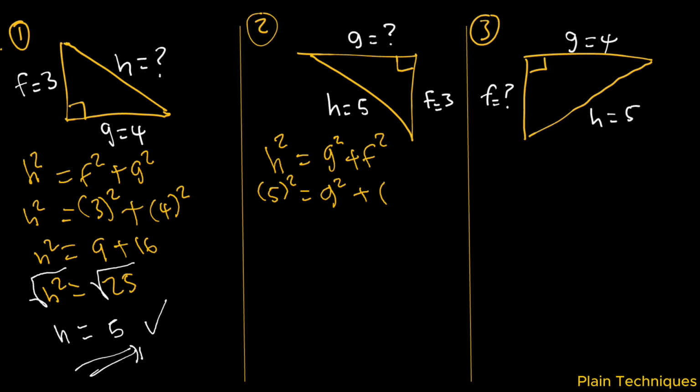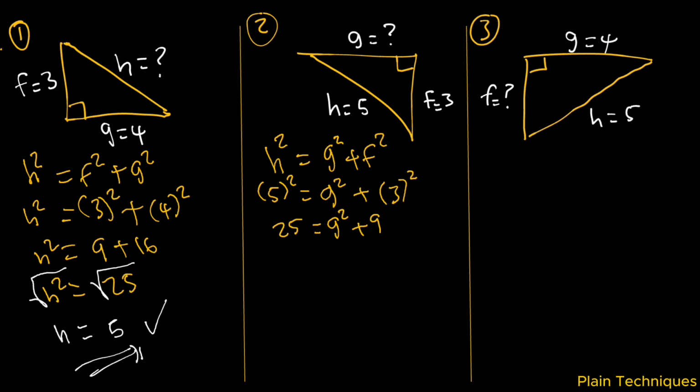F. F is 3. So where I see f, I'll put 3. Okay, so I'm going to go ahead and simplify. This will be 25, this will be g squared, and this will be 9.